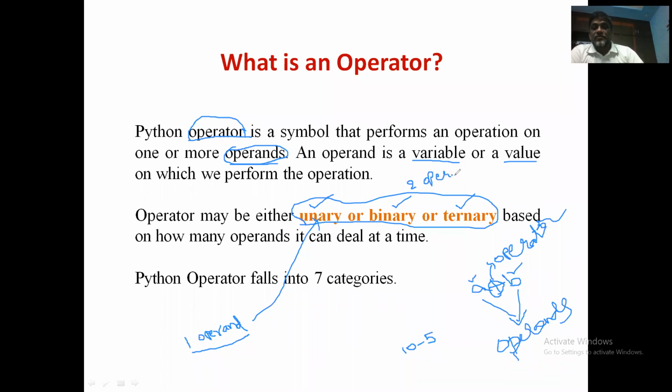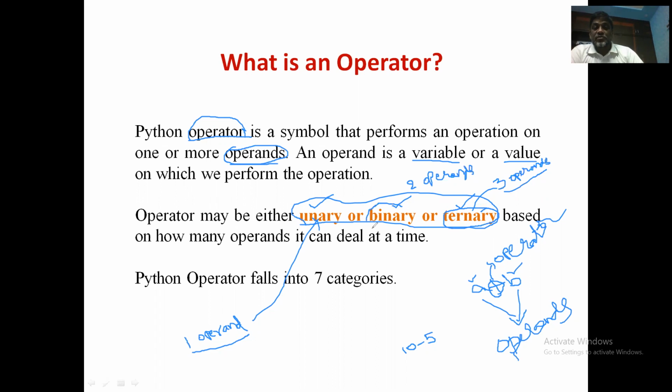You may know this basic definition of what is a unary operator and binary operator, and then a ternary operator deals with three operands at a time. In C language, we have only one ternary operator, that is called the conditional operator. So if any operator is operating on three operands at a time, we call it a ternary operator.